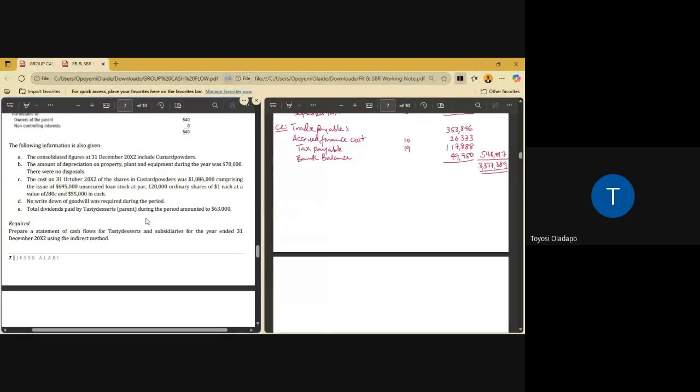Scroll low. The following information is also given. 1. The consolidated figure of 31st December 20x2 includes custard powders. B. The amount of depreciation on property, plant and equipment during the year was $78,000. There were no disposals.